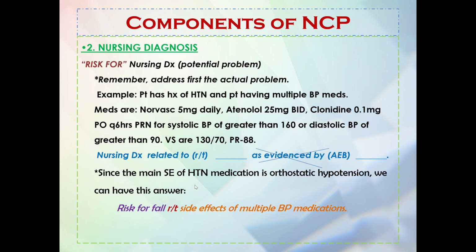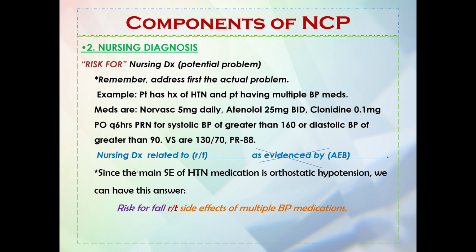Okay? So, if that is the case, potential pa lang siya, risk for siya. So, if that is the possibility, ang nursing diagnosis natin in here is risk for fall. Kasi pwede siyang mahulog dahil nga baka bigla siyang tumayo or sobrang dami ng kanyang medications for BP, baka bumagsak naman yung kanyang blood pressure and then it might place her or him at risk for fall.